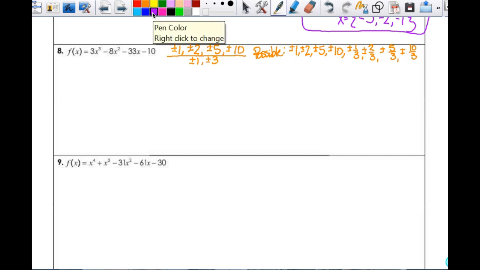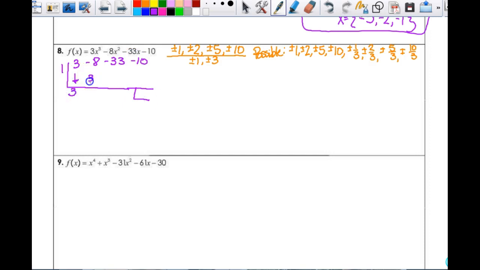Yeah. So let's start with 1. And I'm going to divide that into 3, negative 8, negative 33, negative 10. Go ahead and try that one. So 1 doesn't work, right?